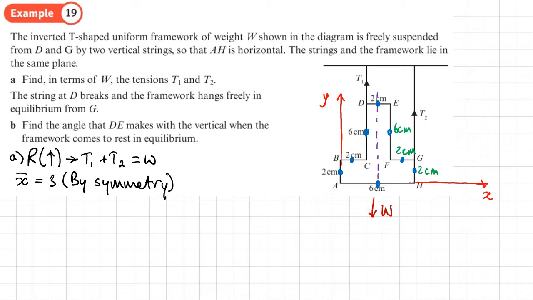So y bar is going to be the sum of each mass multiplied by its center of mass in the y direction, divided by the sum of the masses. So if we start with the part of the framework which is the line AB, that's going to be 2 times its center of mass in the y direction, which is 1, because it's just 1 unit up, halfway between 0 and 2, plus then we'll take the part of the framework which is B to C, so that length is 2 and its center of mass is at a y coordinate of 2.